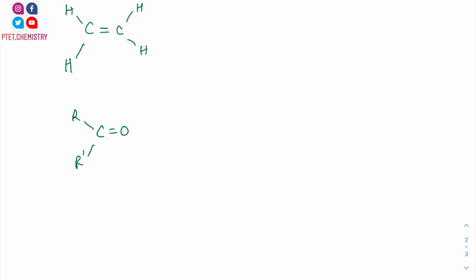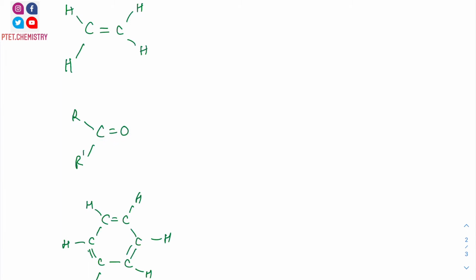And then you might have also done benzene, which is carbon like that. Okay, and then you have H, H, H, H, H, and H. So this is alkene, this is ketone, or you might know as aldehyde if this is H, but does not matter, it's just carbon double bond oxygen.